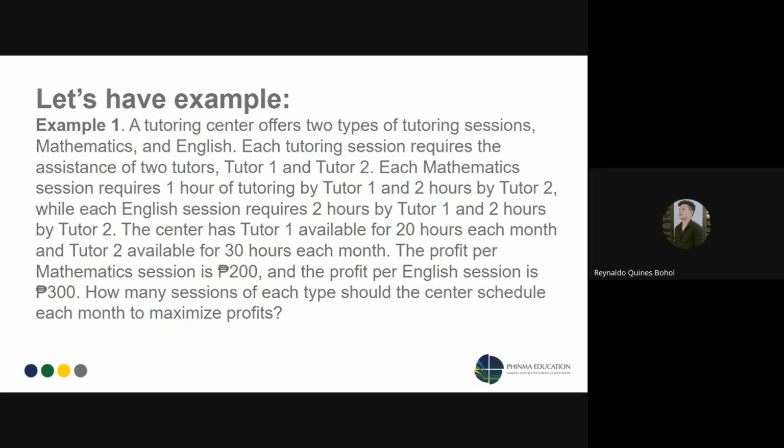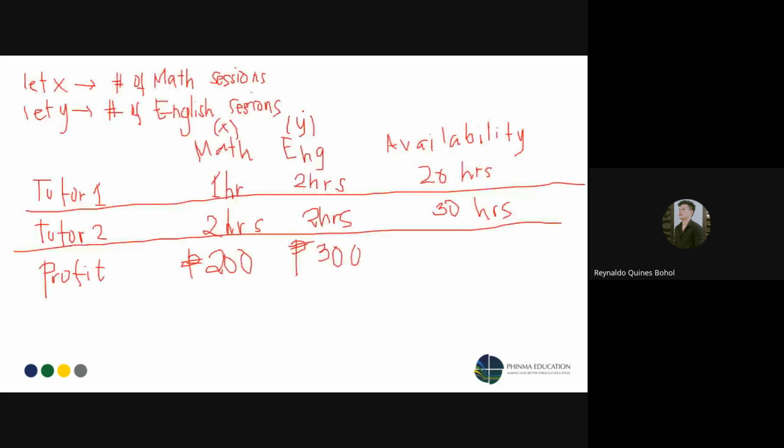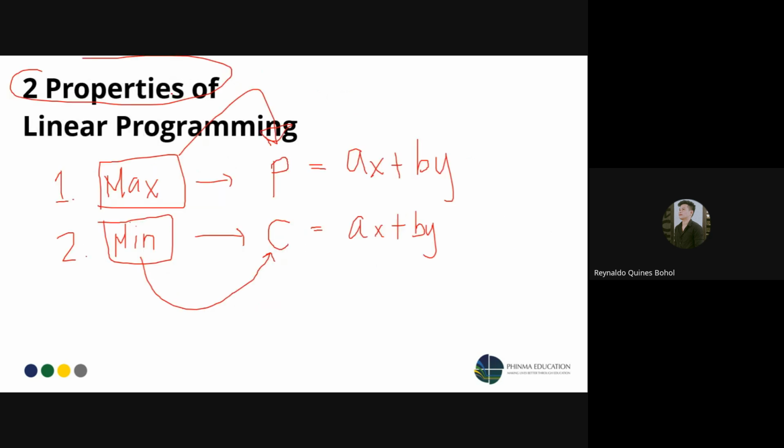Next, let's go to maximize. So I'll just put max here. Max, we take the profit, because maximization is denoted as profit. So P, then we take 200X plus 300Y. Right? I told you earlier, we have two types of constraints and the properties of linear programming.